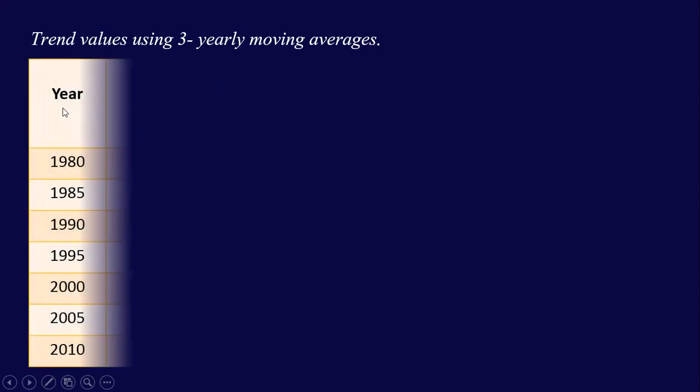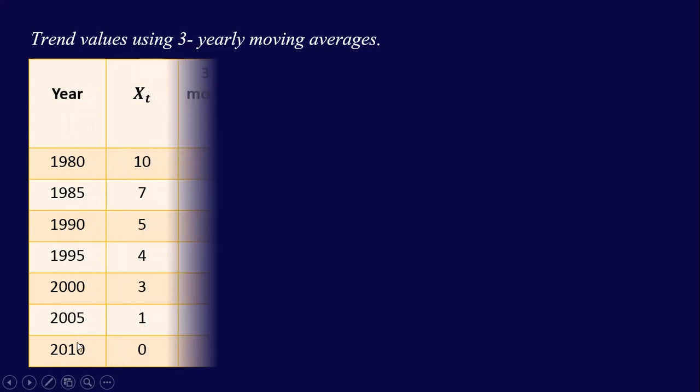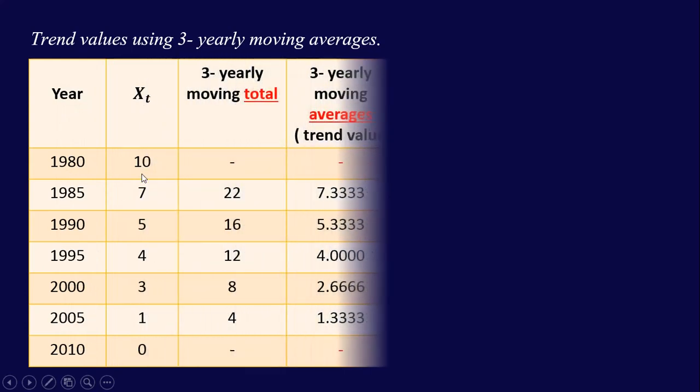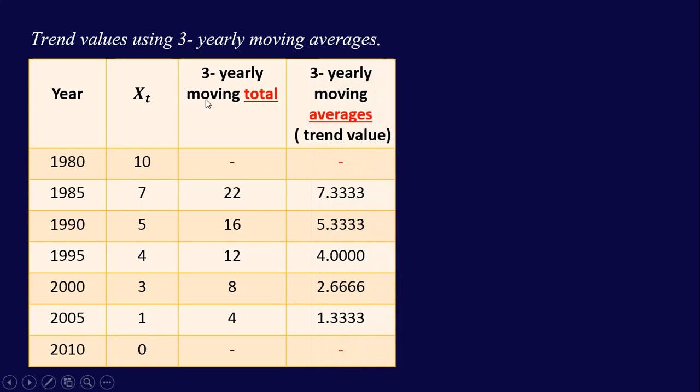First we prepare this table: first column for year which is given, second column for variable xt which is IMR, these values are also given. Next column for 3 yearly moving total, and to get averages we have to divide this total of 3 years by 3 and we get the required trend values.